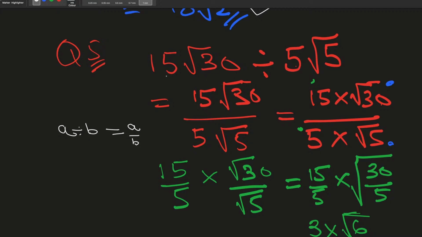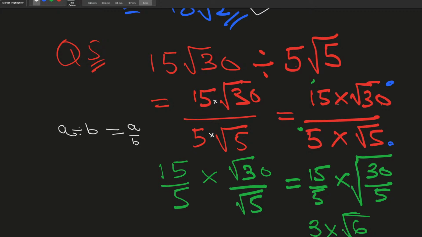So 5 root 30 divided by 5 root 5. After that, we know they are multiplying.